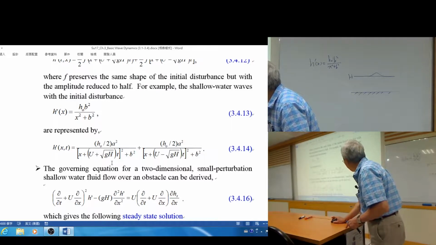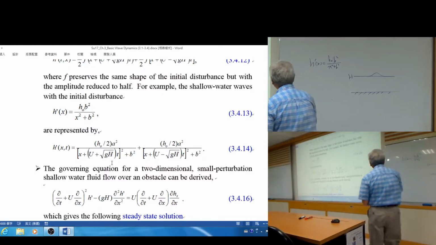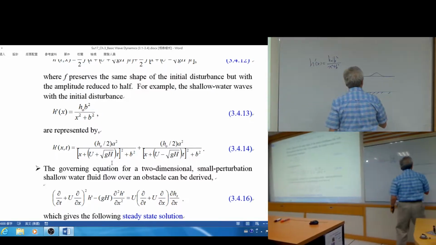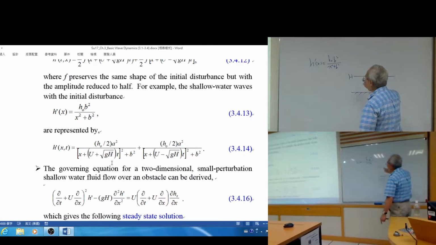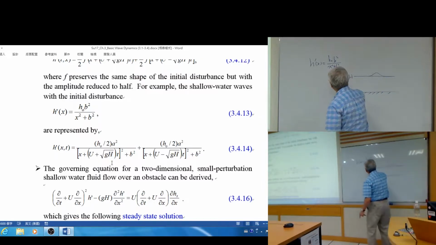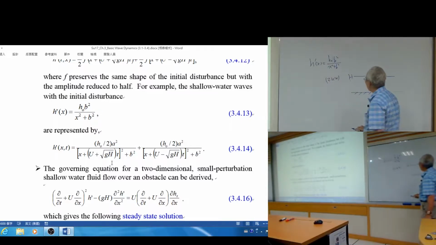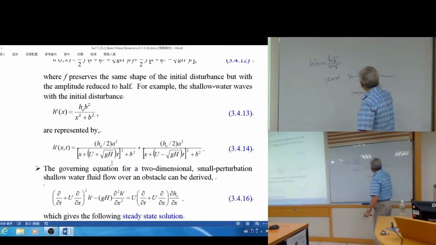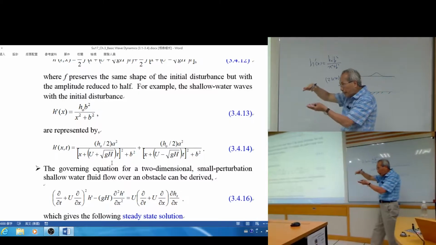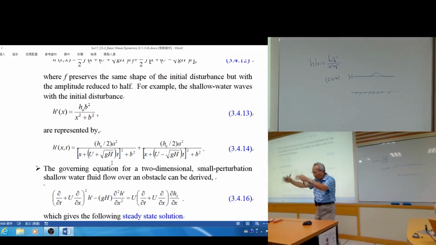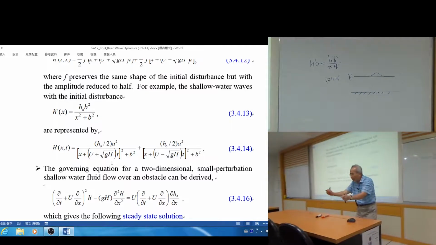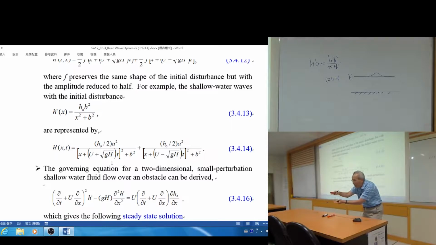Now if we consider a bottom topography, what equation 3.4.14 says is that this wave in the middle is going to break up into half of the amplitude and then propagate one rightward, one leftward.